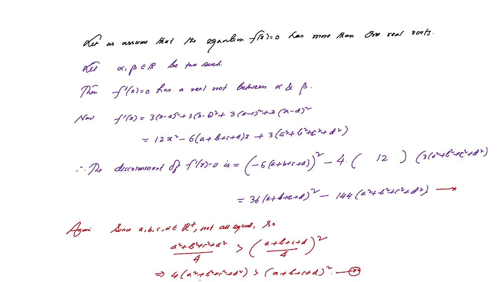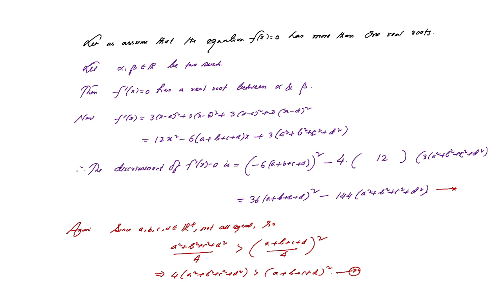Why negative? Because if we multiply by 9, 36(a² + b² + c² + d²) is greater than 9(a + b + c + d)², or you just multiply 36 on both sides.